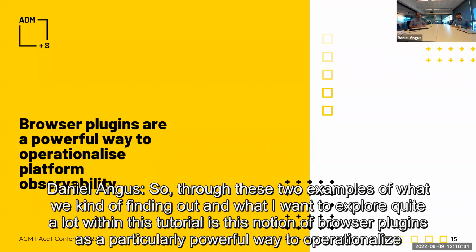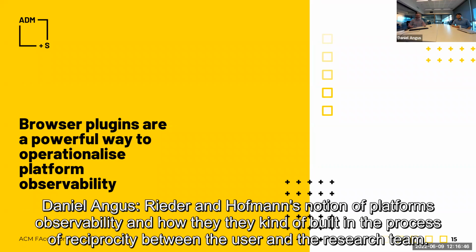So through these two examples, what we're finding out and what we want to explore quite a lot within this tutorial is this notion of browser plugins as a particularly powerful way to operationalize Reader and Hoffman's notion of platform observability, of how they build in a process of reciprocity between the user and the research team.